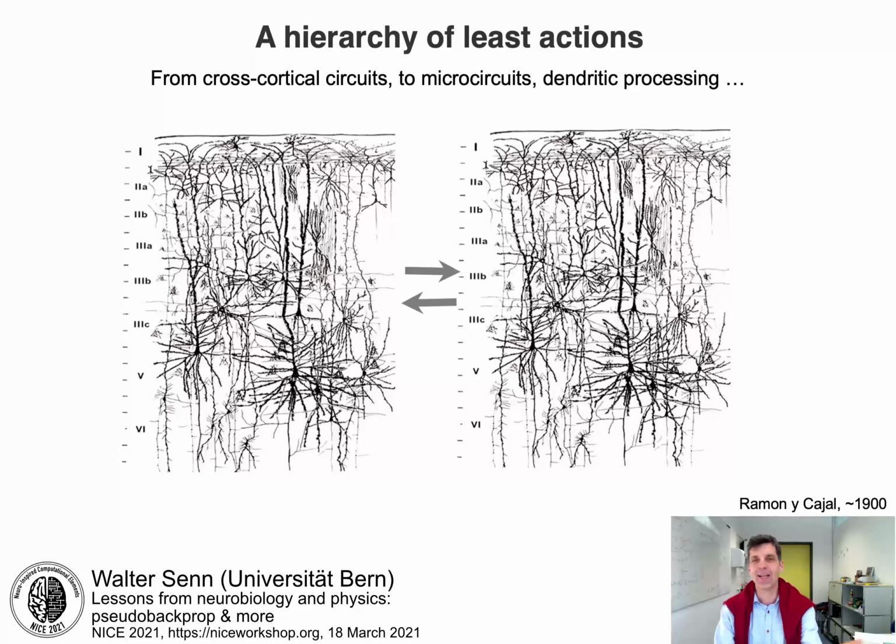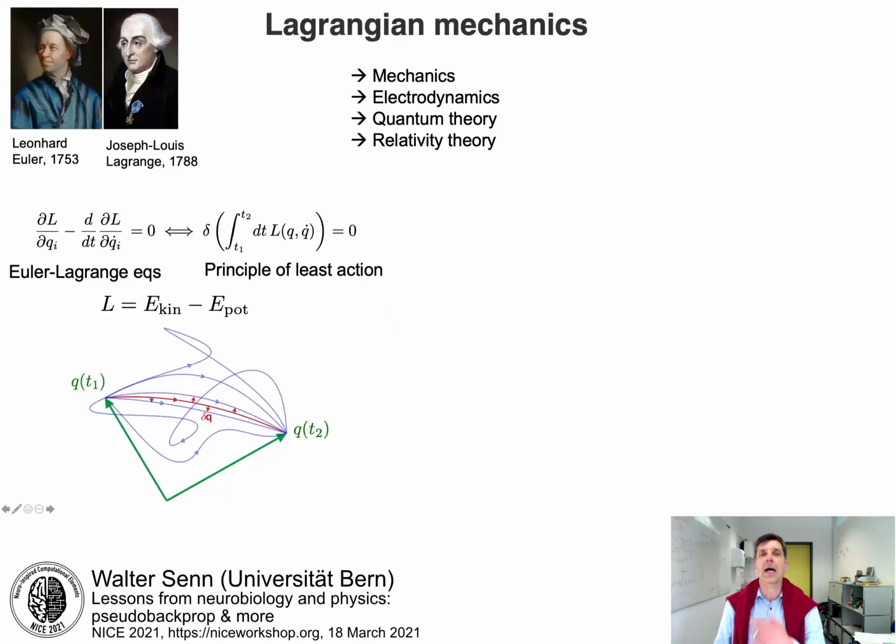We would like to have dynamics across cortical layers, dynamics within cortical circuitry, so within interneurons, and also within the neurons themselves, the pyramidal neurons. And I would like to, again, have a little bit closer look at what those two guys did. They were introducing these Lagrange equations from this least action principle.